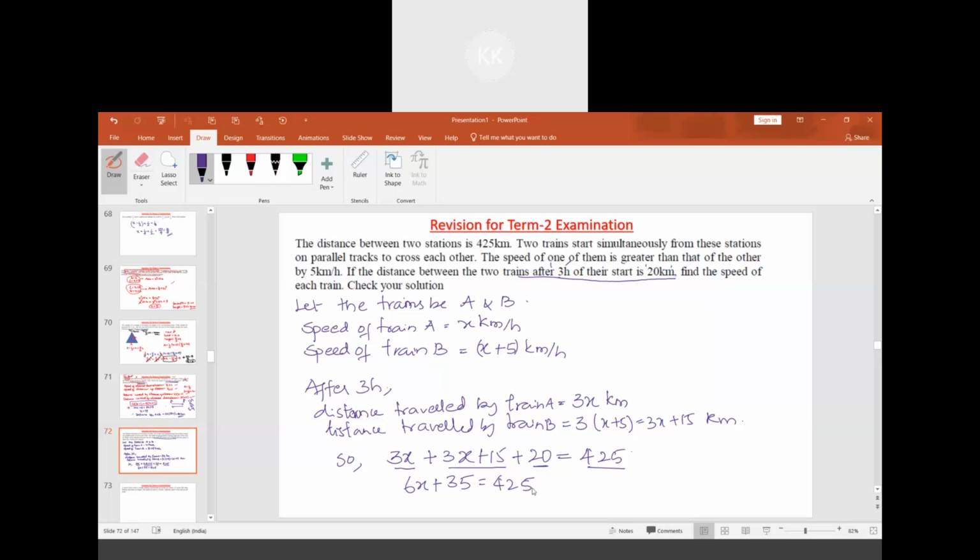When we transpose this, we get 6x is equal to 390. 390 divided by 6 will be the value of x. 6 times 65 is 390, so 65 kilometer per hour is one train's speed. For train A it will be 65, and for train B it will be 5 more than this, 70 kilometer per hour.